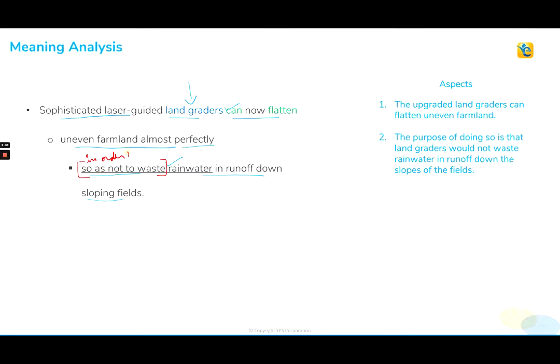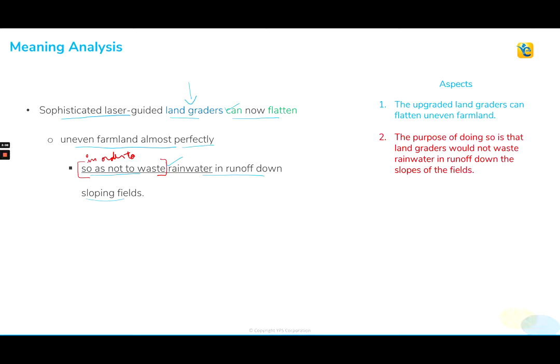So if we replace this phrase with in order to, we see that the meaning conveyed by this sentence is absolutely illogical. So our aspect 2 completely messes up with the logic of the sentence, because land graders have nothing to do with saving or wasting rainwater. Their only job is to flatten uneven farmland.